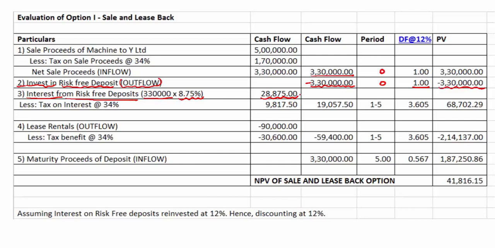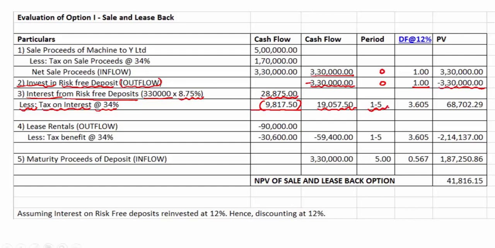But this is not going to come to me entirely because it should suffer tax, so I have to pay taxes, less tax on interest at the rate of 34%, and it is 9,817.5. So the net figure, that is what I'm going to get, is 19,057.5.